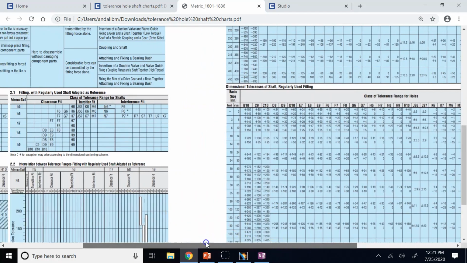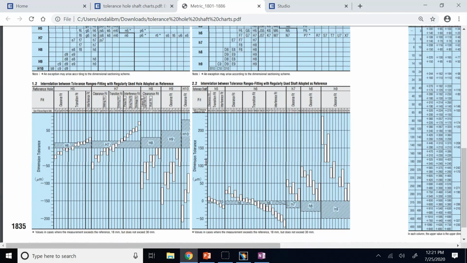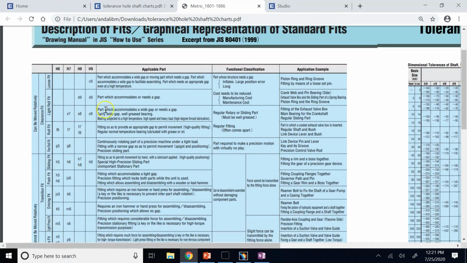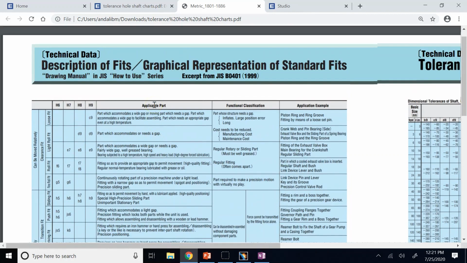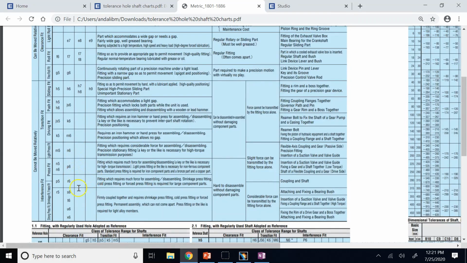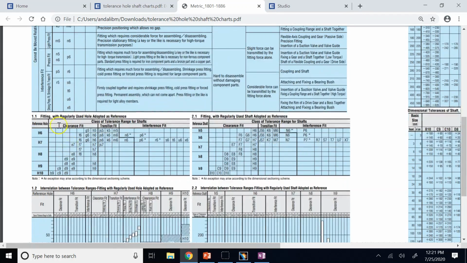So here the nomenclature is a little bit different than what we have. Here the nomenclature is based on H6, H7, and so on, based on the fits. So the nomenclature again here is different. Here they are not called RC1, RC2. They are called H. Okay, cap H, cap F, and so on.